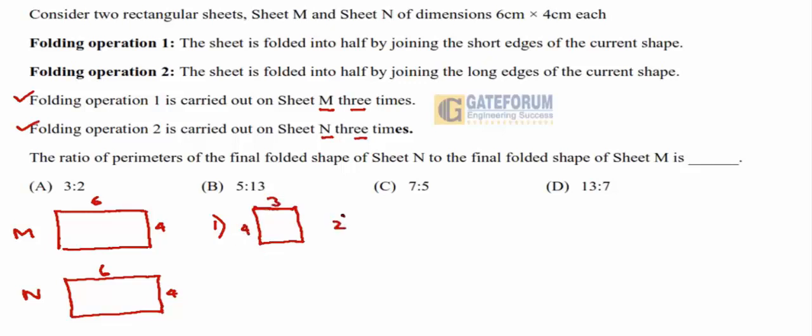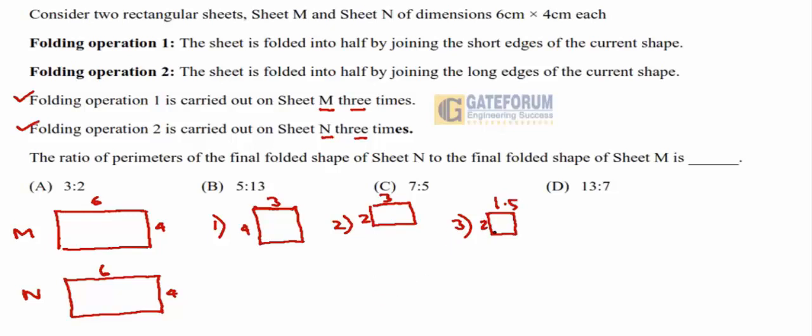Now the second folding operation, the shorter part is now 3. So this would look somewhat like this, with this as 3 and this as 2. And now after the third operation, the shorter part is now 2. It would look as 2 and this would be 1.5.